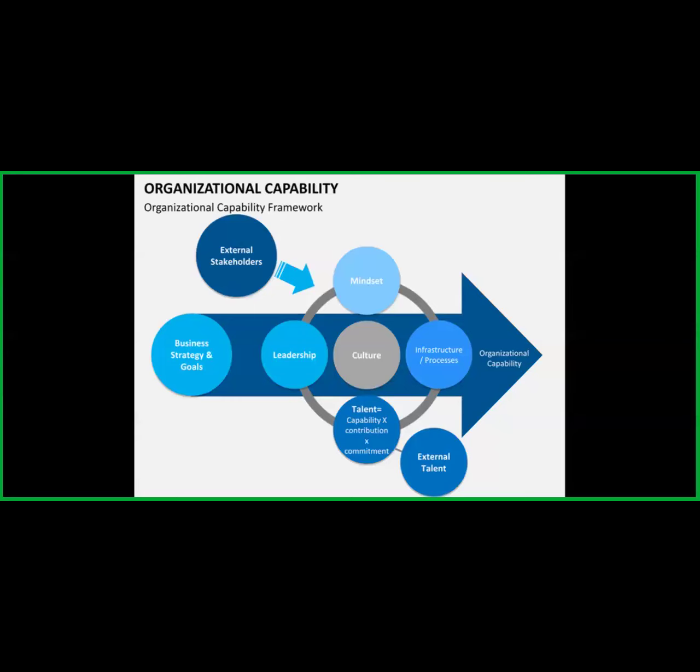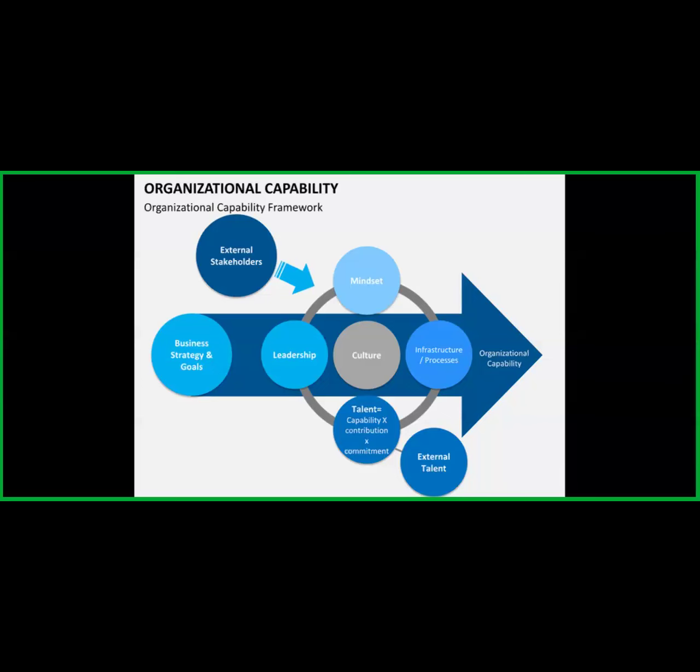So all these things are very important when we are measuring the organizational capability profile or organizational capability framework. That decides the organization's capability in all. So we need to study all these things.